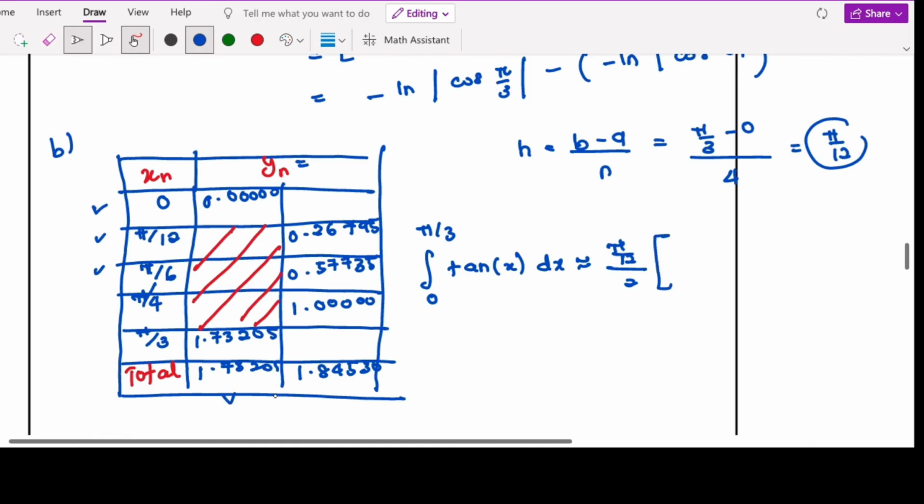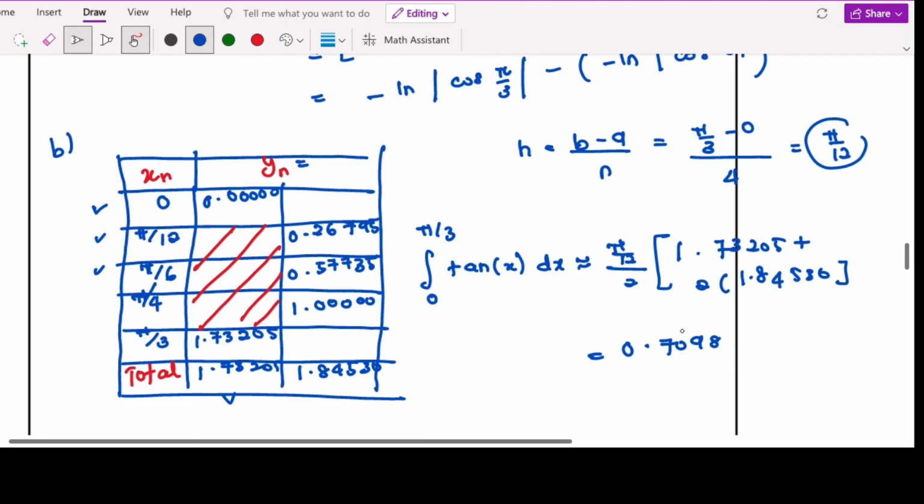Then 1.73205 plus 2 times the second total, 1.84530. Simply press your calculator and you're going to get 0.7098. Make sure your final answer is in 4 decimal places.